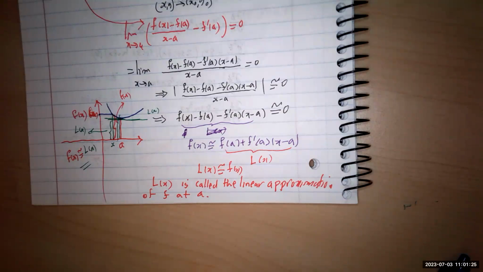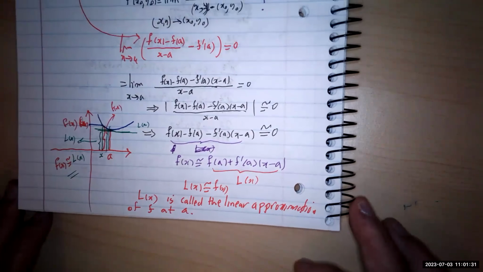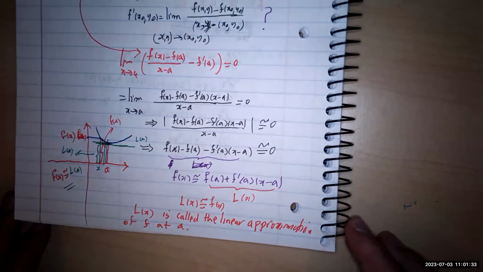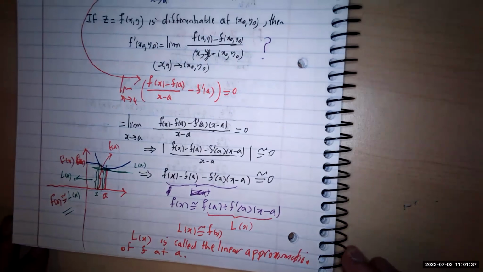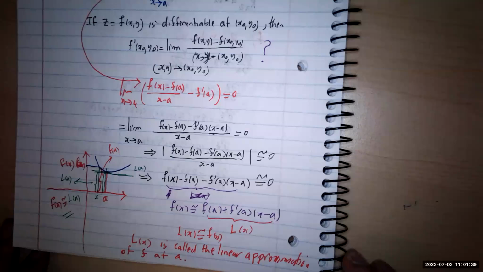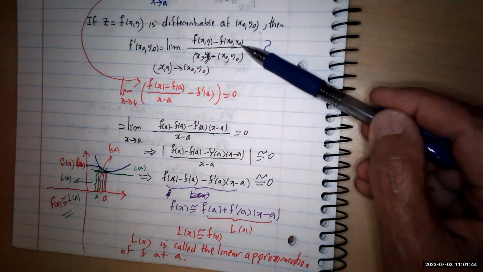So that tells us one way to do the derivative of this function is to look at a similar thing here. Remember, we had a difficulty with this quotient.